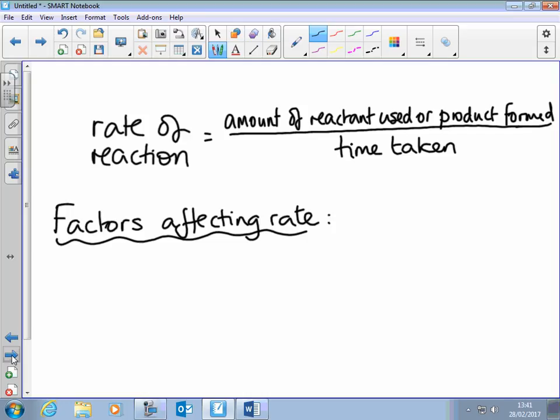We can look at it from either point of view: will the rate increase, will the rate decrease? This section will fit very nicely alongside the bit we do on enzymes, because there we are looking at factors that affect the rate of reaction, and that is part of the exam for that.